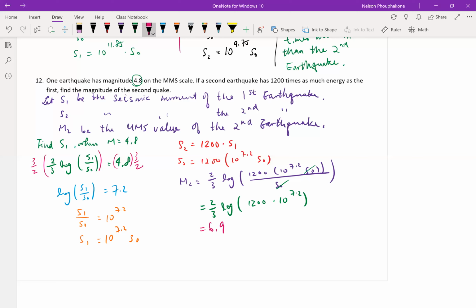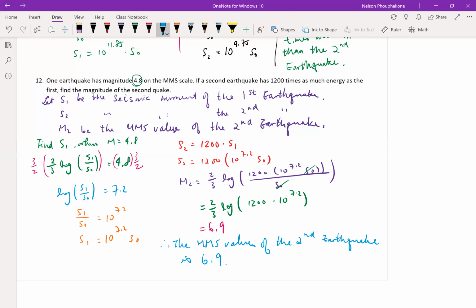Okay, so therefore again, we could make the conclusion that the MMS value of the second earthquake is 6.9. Okay, cool.